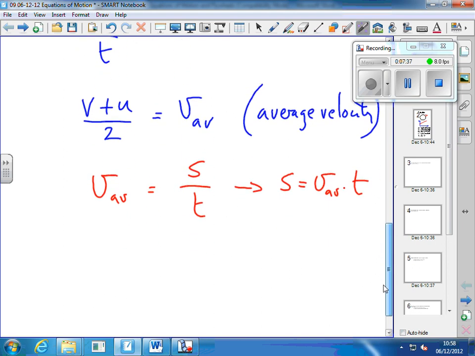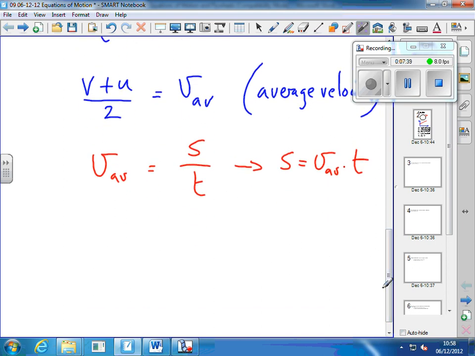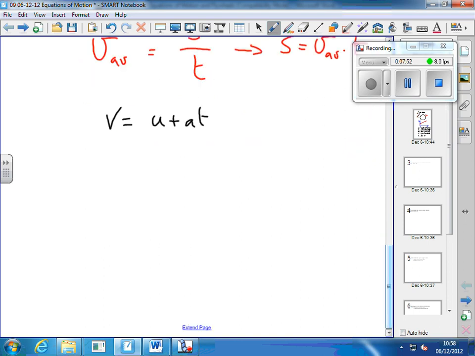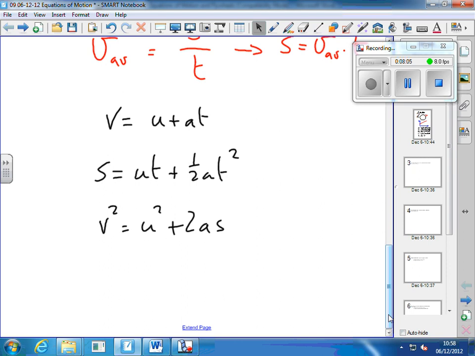And we can now play around with these formulae and end up with 3 more equations, commonly known as the equations of motion, which are V equals U plus AT, that you know, I think, S equals UT plus a half AT squared, and V squared equals U squared plus 2AS. And I'll leave that as a little algebraic exercise for you, if you're interested.